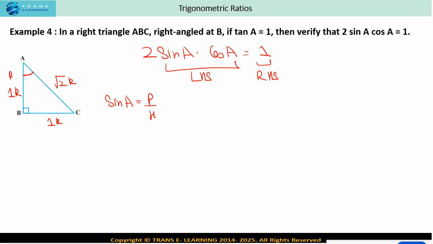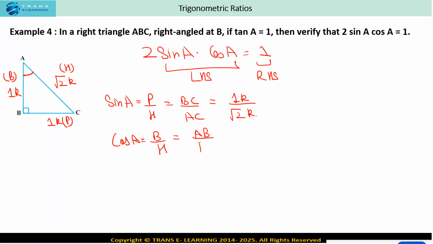So this is your base, this is your perpendicular, and this is your hypotenuse. So that is equal to BC upon AC. That is 1k upon root 2k. And your cos A is equal to base upon hypotenuse. So your base is AB upon AC. That is 1k upon root 2k.